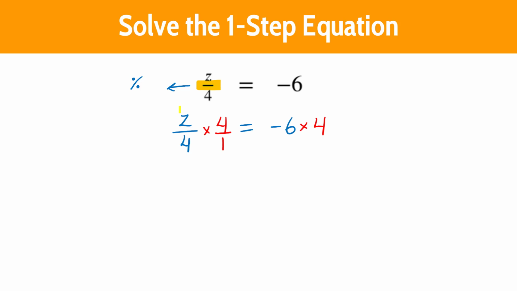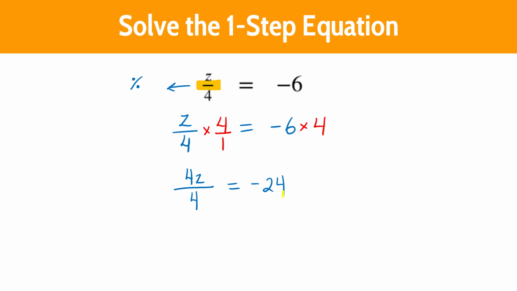If I write this as a fraction, it's helpful for when I multiply. Okay, so let's simplify. z times 4 is 4z, divided by 4 times 1, that is 4. On the right-hand side, negative 6 times 4 is negative 24.